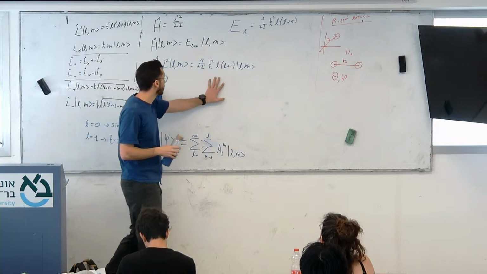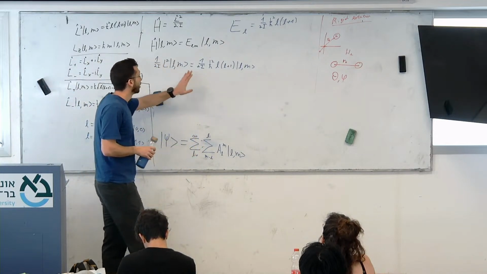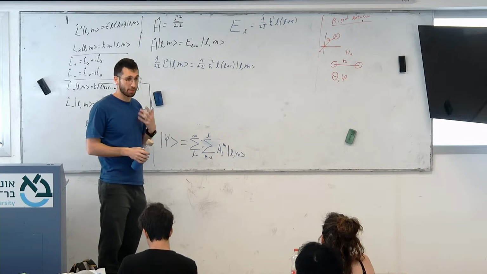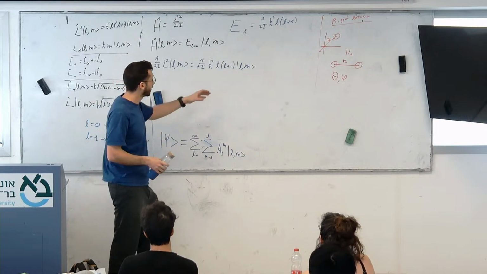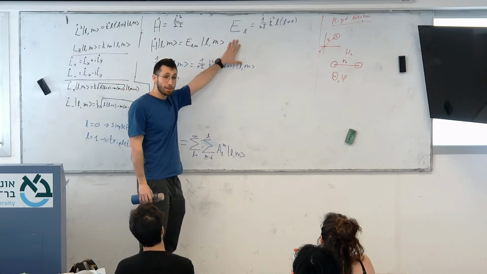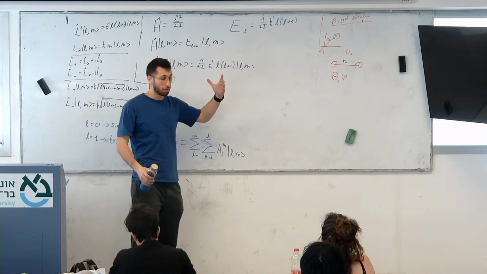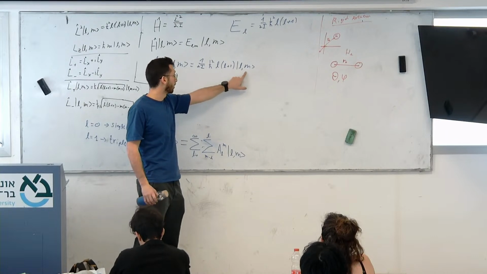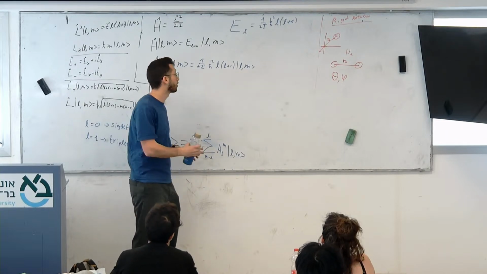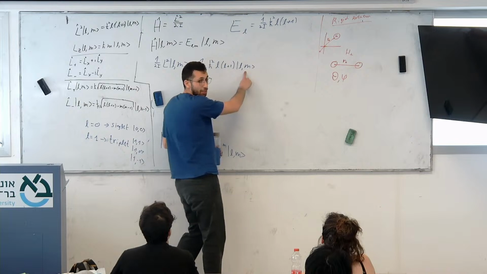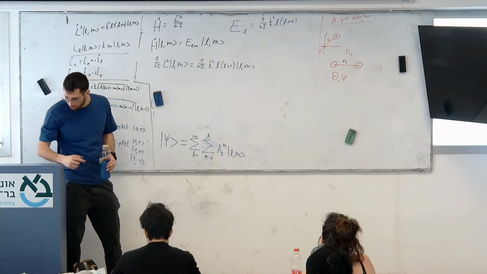Something which is very important to note is that we have a degeneracy of the energy, meaning we get the same energy for different states. Those are all the states M equals minus L to L. So because the energy doesn't depend on M, we have a degeneracy.